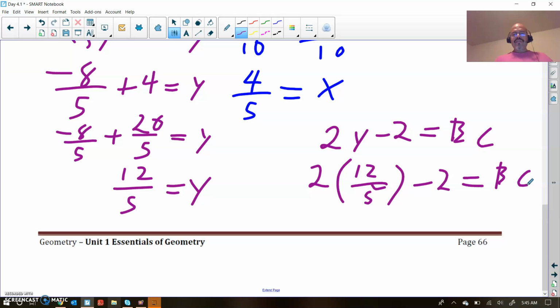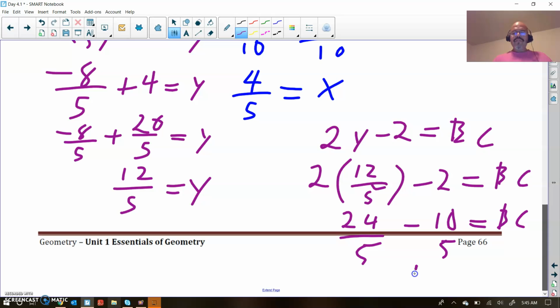So let's see, that's going to be 24 over 5 minus, so we're going to get like denominators, so 5 underneath right here. That's going to be 10. And that gives us 14/5 equal to BC.